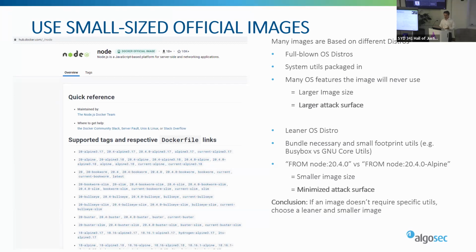It's recommended to use Slim. When you go to Docker Hub, there is a Slim version, focusing on the leanest distribution there. Normally it's going to be an Alpine one. So if you don't need specific utils, always go for the leaner version.